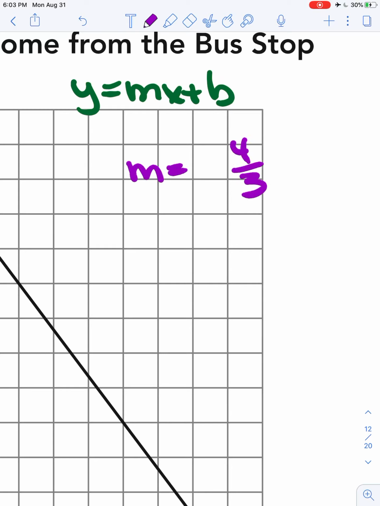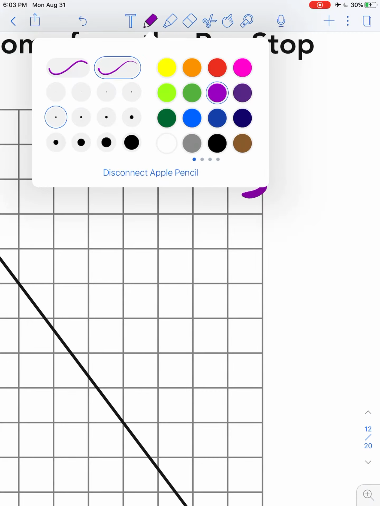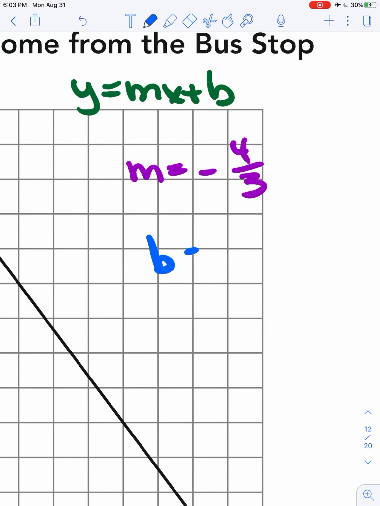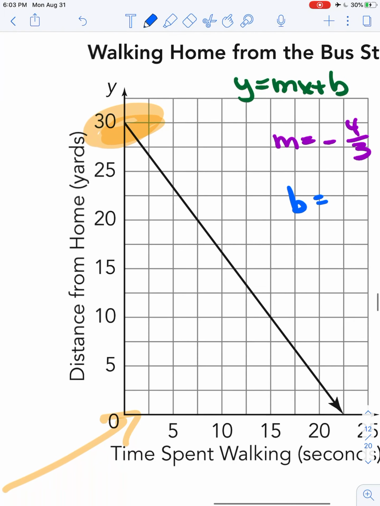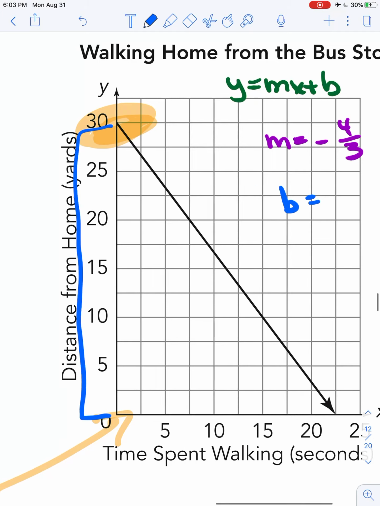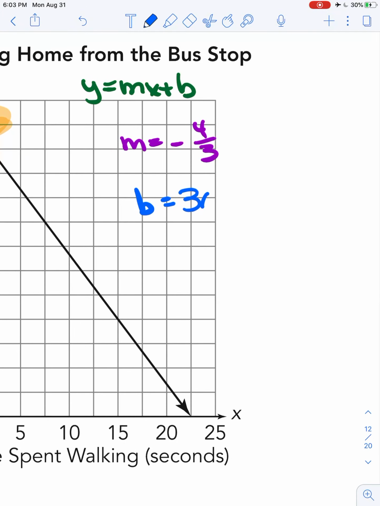But we just said that it's a negative slope, so it needs to be negative 4/3. Then our b value. That means how far away is it? How far away is it from home? From 0, 0. It's 30 away. So the equation of this line is y equals negative 4/3 x plus 30.